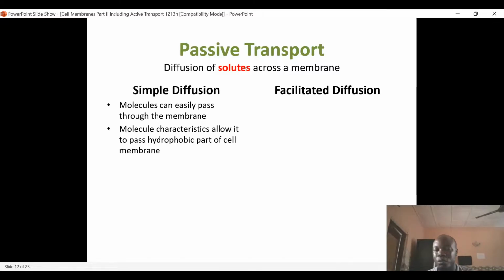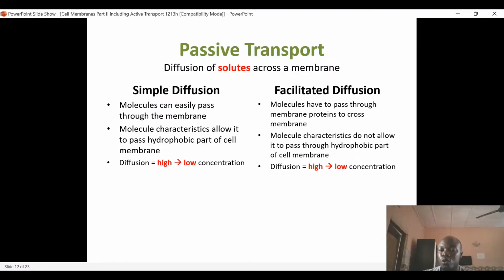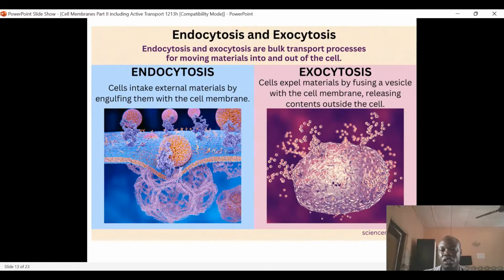It also moves molecules from the region of higher to lower concentration. So that is just for you to understand the differences between the two.